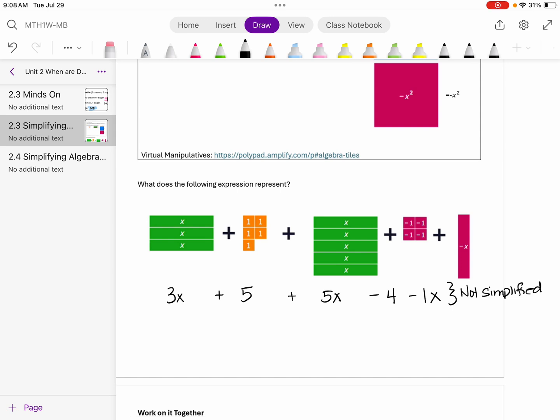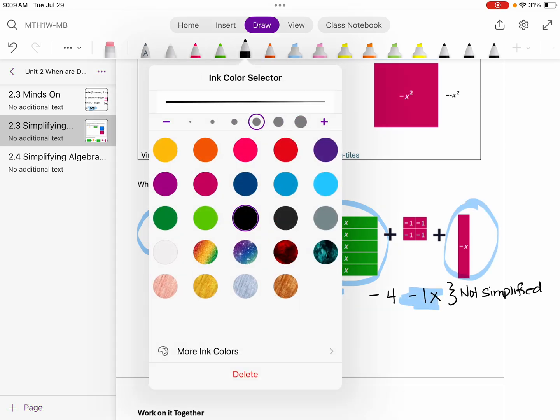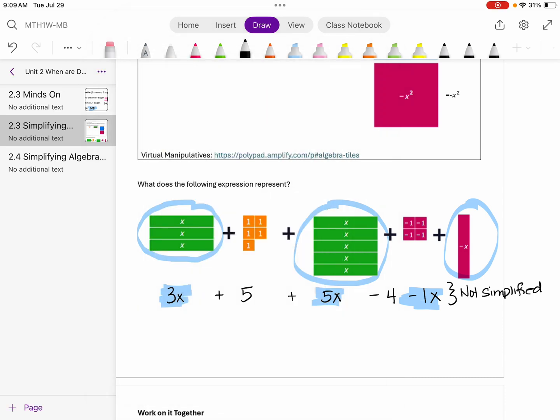So to simplify this, it means to put our like terms together. So for example, when I look at this, these x's, and even my negative x's, because they're all x's, are the same thing. So I'm going to put those tiles together. So I've got 3x plus 5x minus 1x.